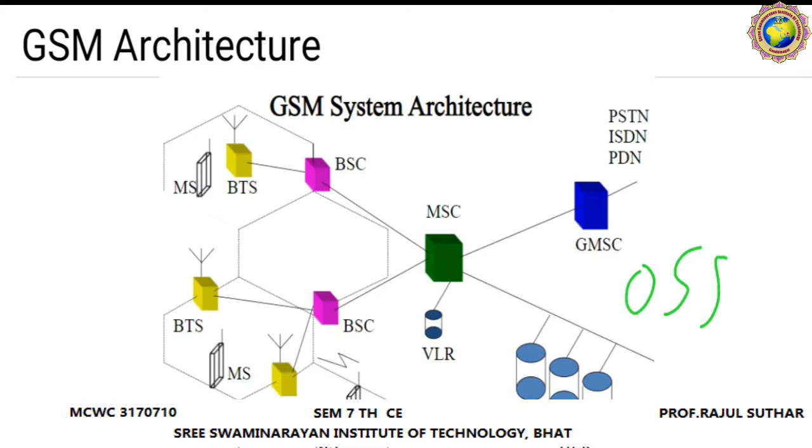There are three areas of OSS: network operation and maintenance, then subscription management, charging and billing. So the billing procedure is covered in the OSS. Then mobile equipment management. The third one is equipment management.